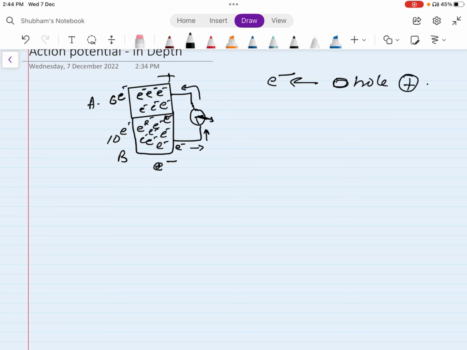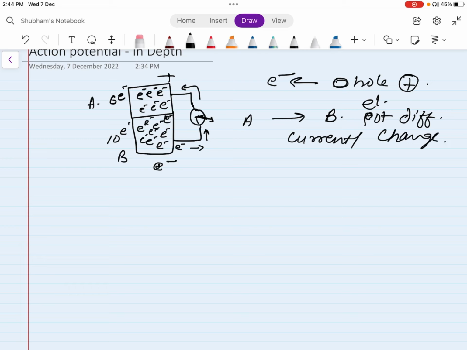So in this way, we can assume that a charge moves from one chamber to the other only in the presence of a potential difference, in this situation an electrical potential difference, and this will induce current, or you can say charge, right?